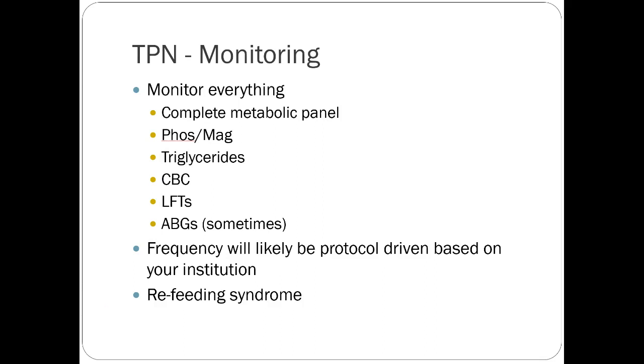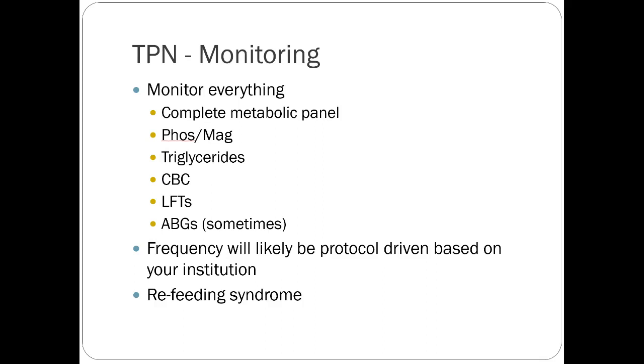And then there's refeeding syndrome, which can happen if a patient has been malnourished or hasn't been having any intake of nutrition for several days and they're started on TPN. What you can see is some aggressive shifting of electrolytes, usually phosphorus is the marker of this, and it has to do with the sudden increase in metabolism of the cells, and you get shifting of stuff around, and it can cause some issues.